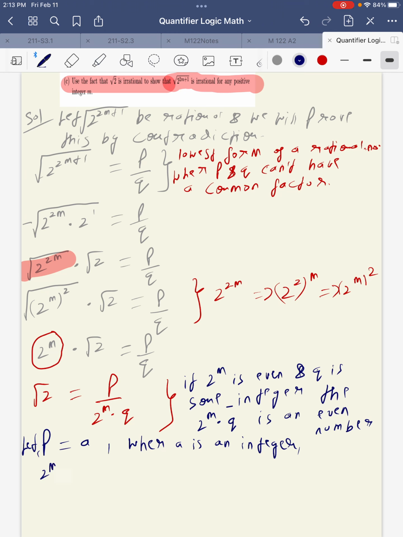And 2 to the power m times q is an even integer b. So root 2 equals a over b, still the form of a rational number, where we've already proven that the denominator is an even number.